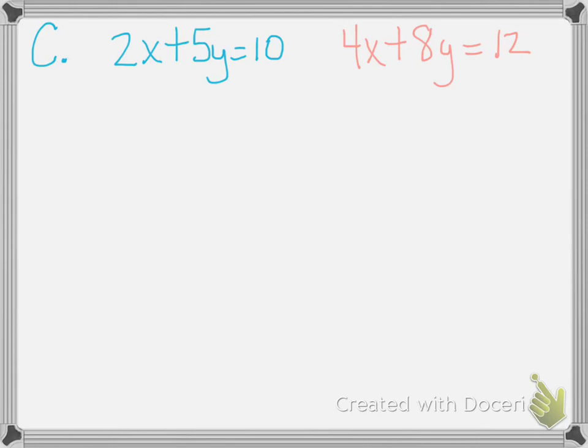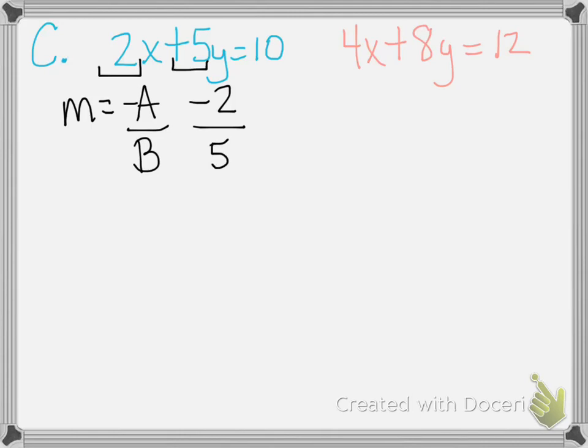Here are two written in standard form. So let's see if we can figure out what their slopes are. We know for standard form we can use m = -a/b. Right now our a is a +2, so we're going to put it as a -2 over 5. So the slope for this one is -2/5. Then here we have a -4, so our -a over b simplifies down to -1/2.